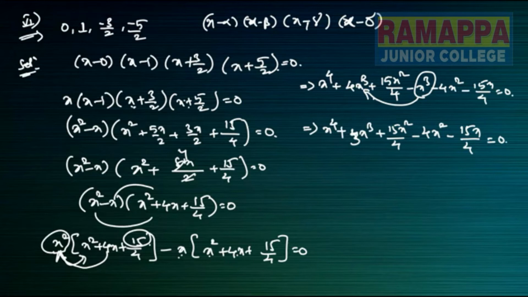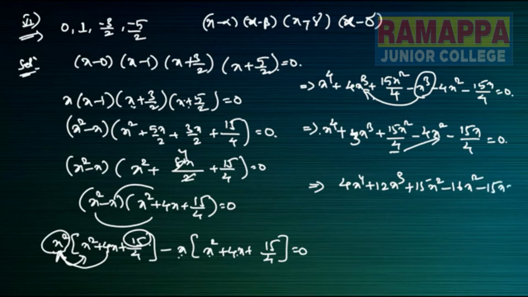Now we'll do the LCM. So the denominator total LCM will become 4. So it will become 4 into x square, 4x to the power of 4. Here 4 times 3 is 12, 12x cube. So this 15x square, because the denominator is 4 only, will come directly, 4 times 4 is 16, minus 16x square, and minus 15x is equal to 0 will come.